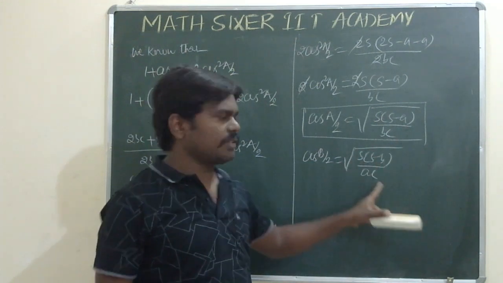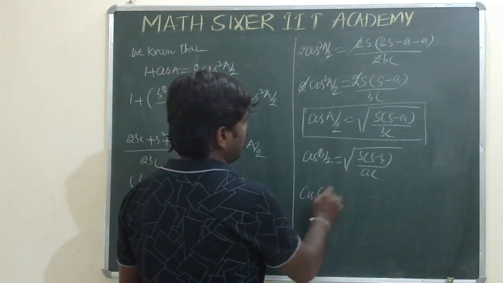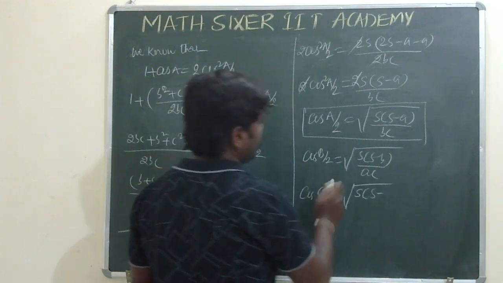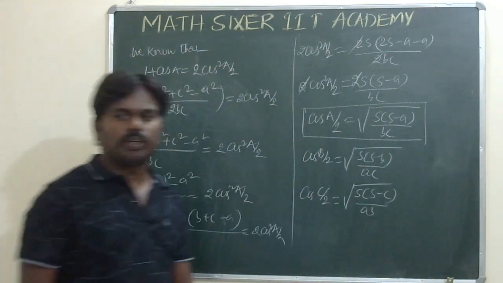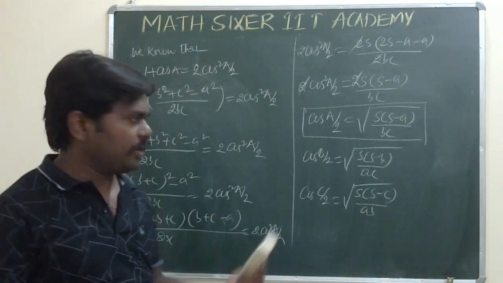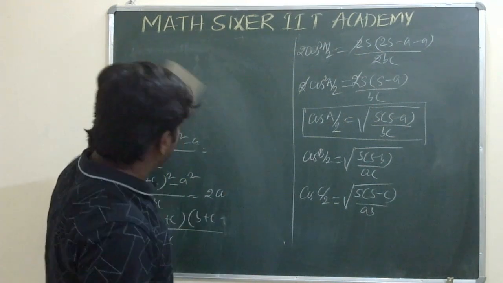So the rest of the sides means here ac will come. So similarly we can write cos c by 2. Cos c by 2 means here square root of s into s minus c, here c will come, s minus c over a into b. Okay, so this way we can write the value of cos b by 2 and also cos c by 2. Now we will see tan a by 2.